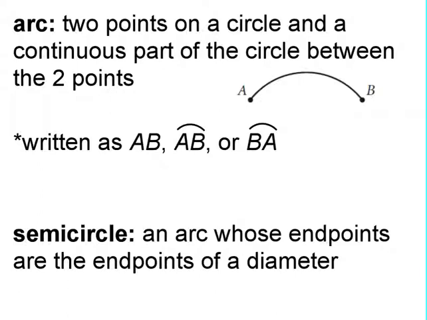Notice I have there it says written as. So those are how you symbolize an arc. We would either write that as AB, or AB with a miniature arc on top of it, or BA with an arc symbol on top of that.